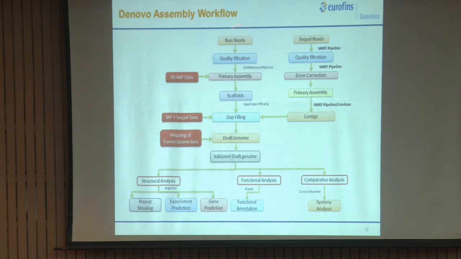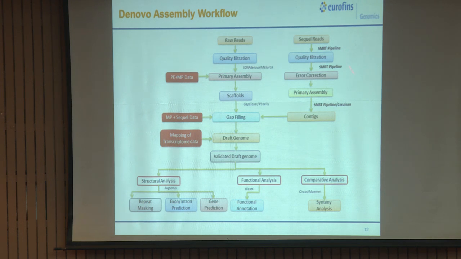So, the raw reads we already saw, the FASTQ reads which we have as R1 and R2, these are my raw reads. Then we quality filter, so that the quality should not be low and N's should not be there in the reads. Then we go for a primary assembly. Assemblies are again of various types, and we usually use paired end and mate pair in the assembly.